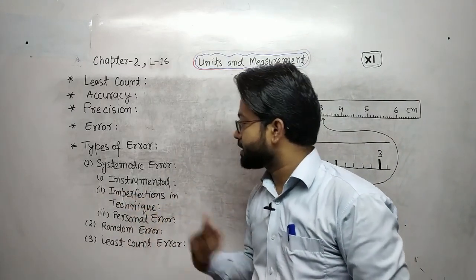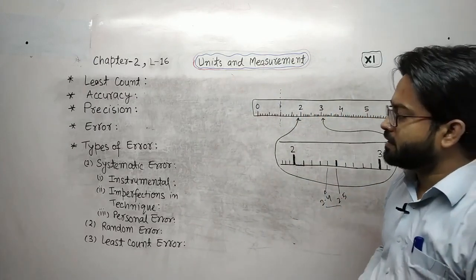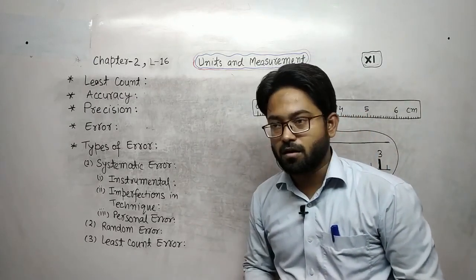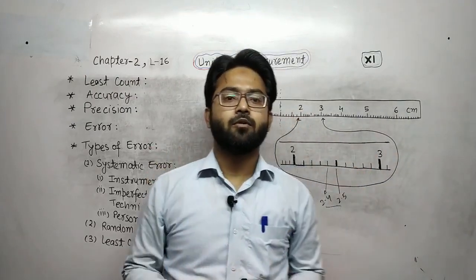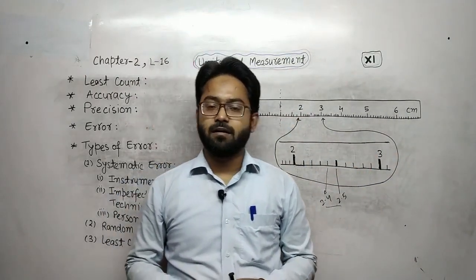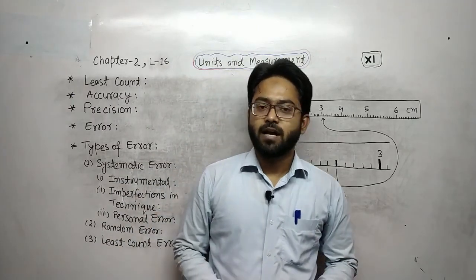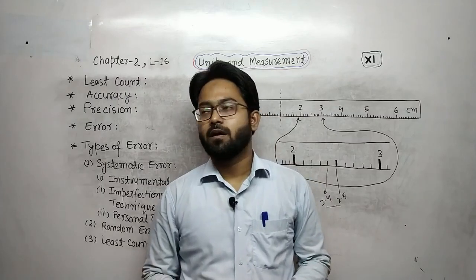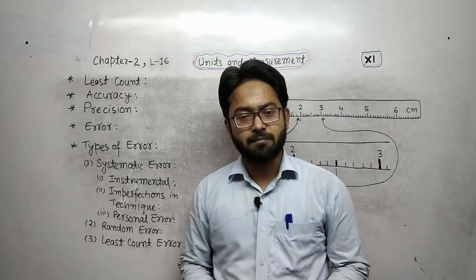Second point is imperfection in the technique. There are many techniques for a single measurement. Let us suppose you are measuring the temperature of the body, like at airport stations, where passengers have their temperature measured.